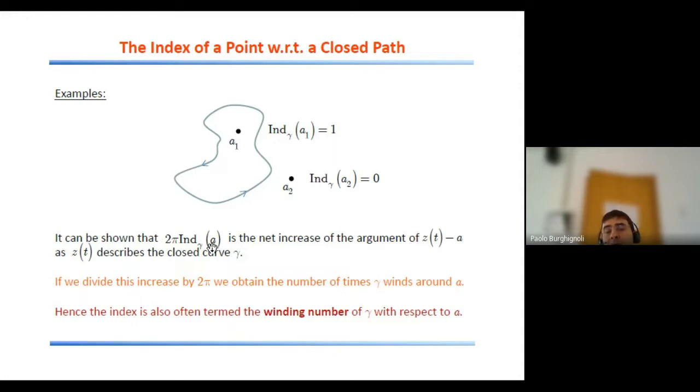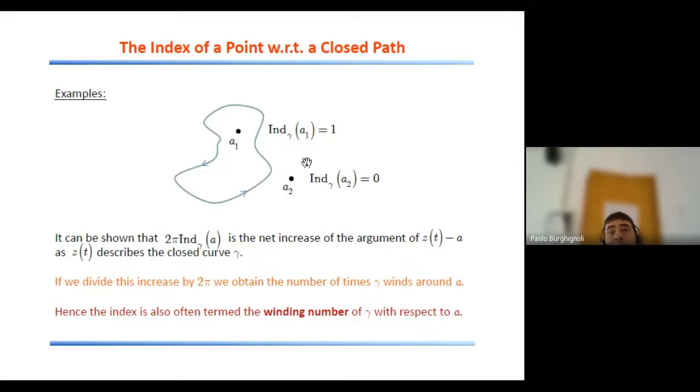And if you divide this increase by 2 pi, so you obtain the index, what you obtain is the number of times your curve winds around A. That's why the index is also called in English winding number, in Italian numero di avvolgimento. Okay? So the geometric meaning of this index is very elementary.